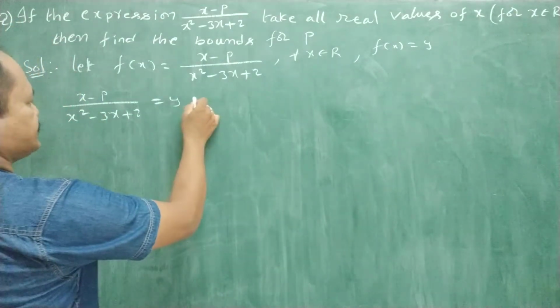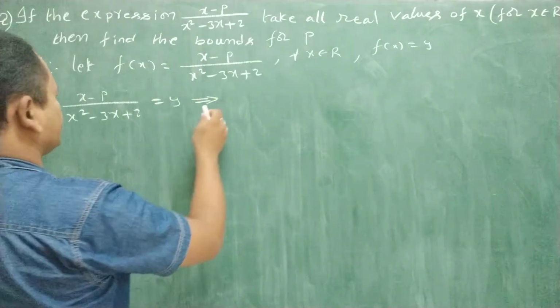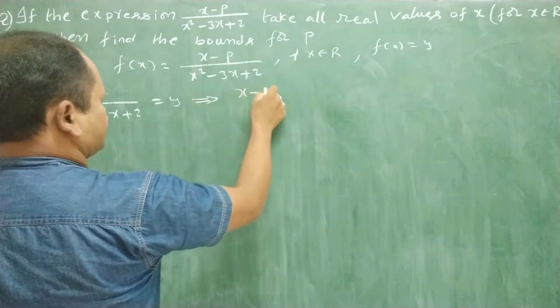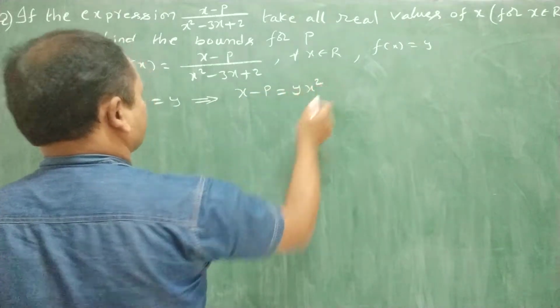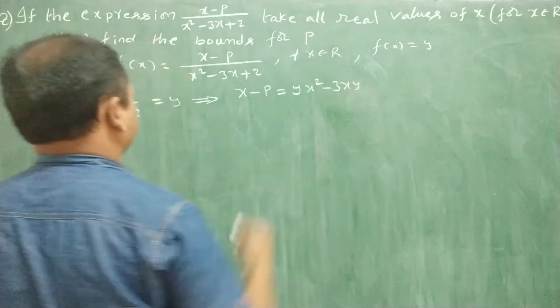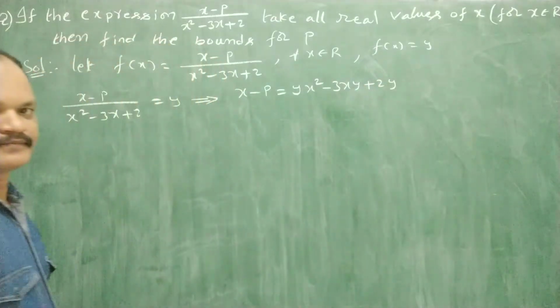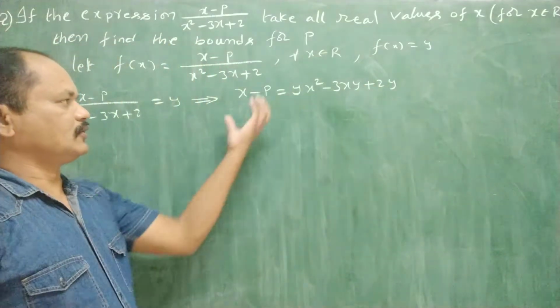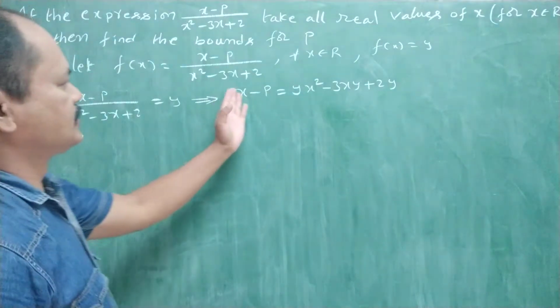Now from this, apply cross multiplication. Then it is x minus p is equal to yx square minus 3xy plus 2y. Now take everything to the right side.